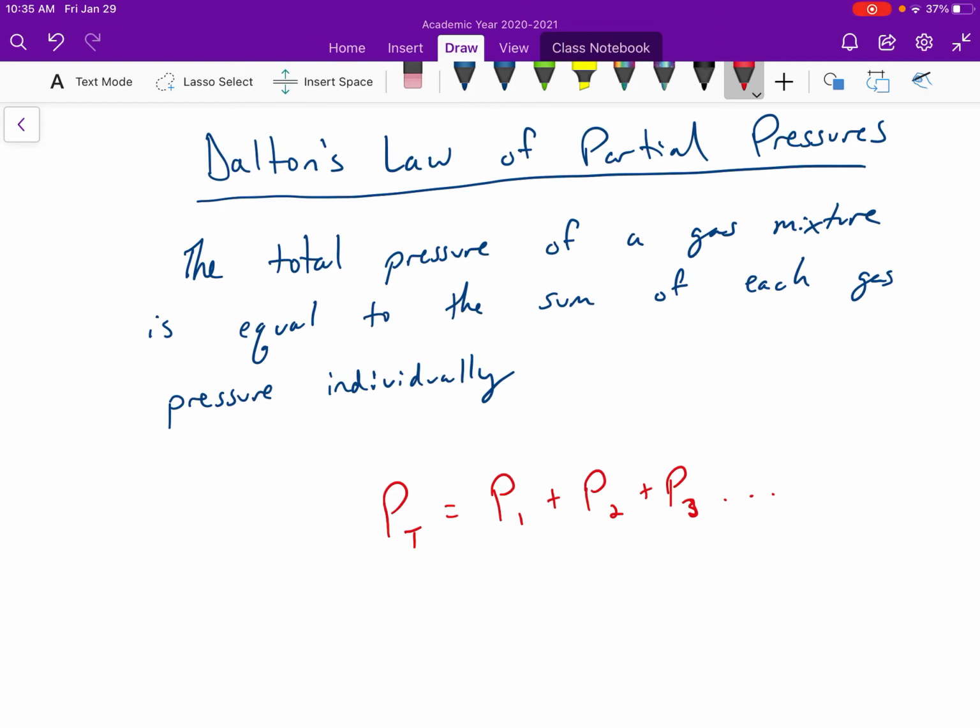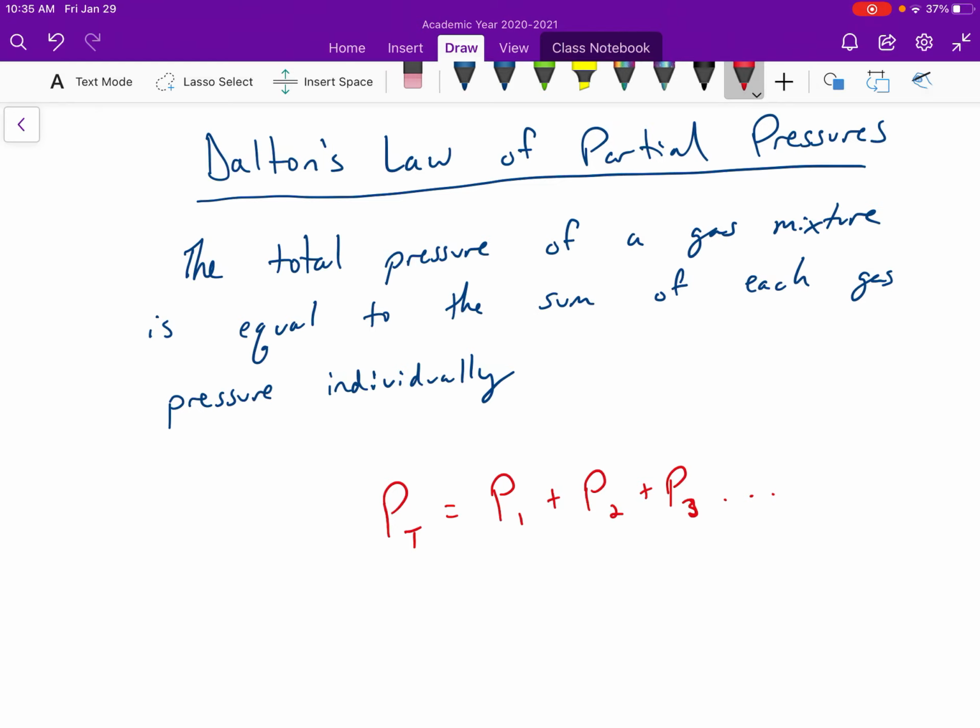So the total atmospheric pressure is 1 atmosphere, and that 1 atmosphere is composed of pressure from the oxygen particles hitting containers and pressure from the nitrogen particles hitting containers. They have nothing to do with each other, so if you can calculate them individually, then it's really simple. You can just add them up and get an answer, okay?